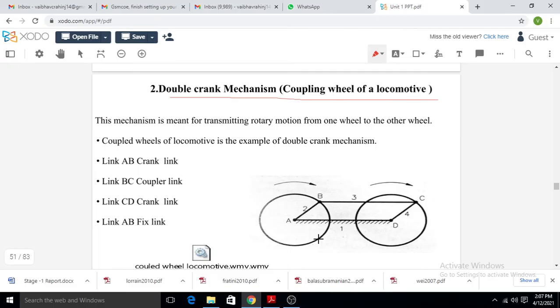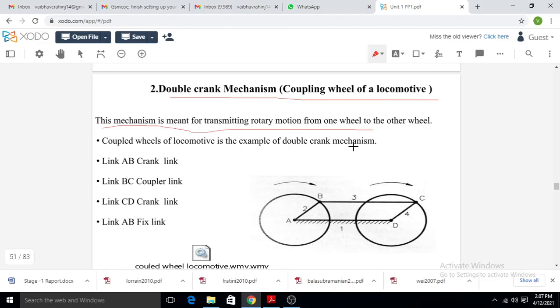The main thing in this double crank mechanism is that it is used to transfer the rotary motion of one wheel to the rotary motion of another wheel.